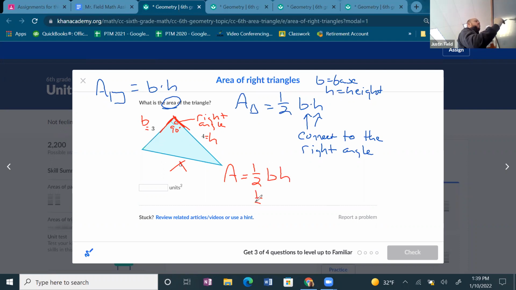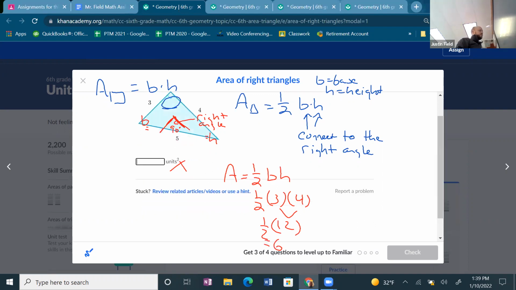So it's going to be 1/2 3 times 4. I always like to multiply my integers together first, but you don't have to. Just easier because now 1/2 of 12 is 6. Hopefully you know that half of 12 is 6.